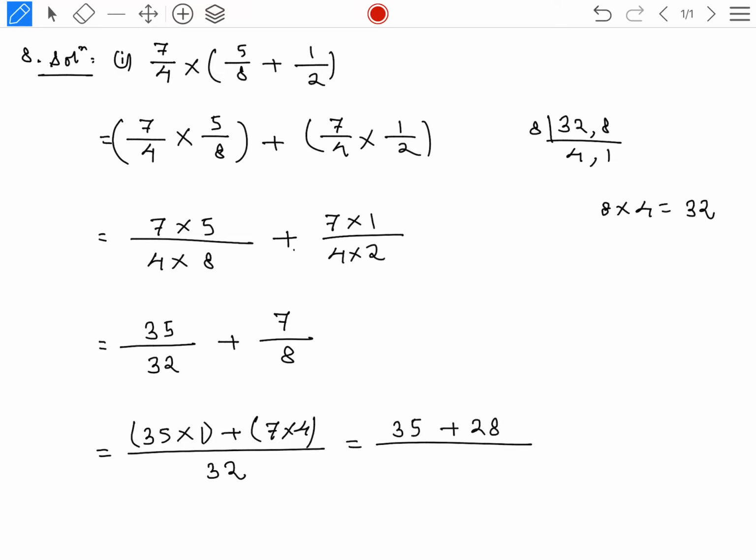Next step, 35 plus 28 divided by 32. If you add this, how much will you get? 63 by 32, this is your answer. This is the distributive property of multiplication over addition.